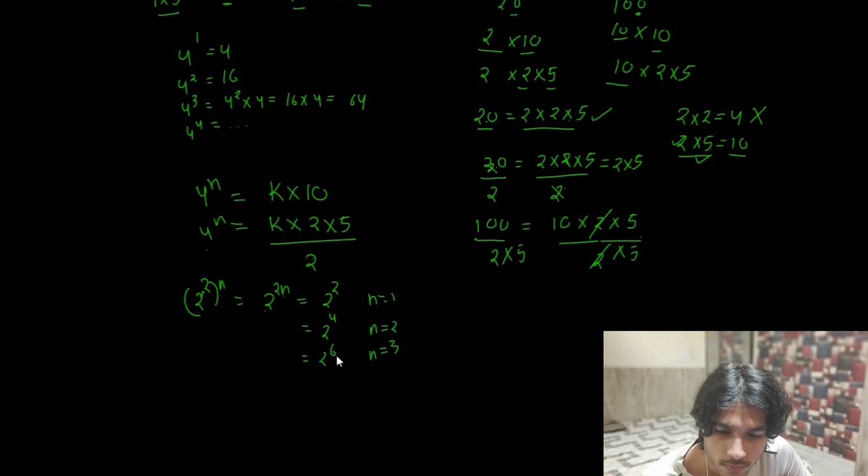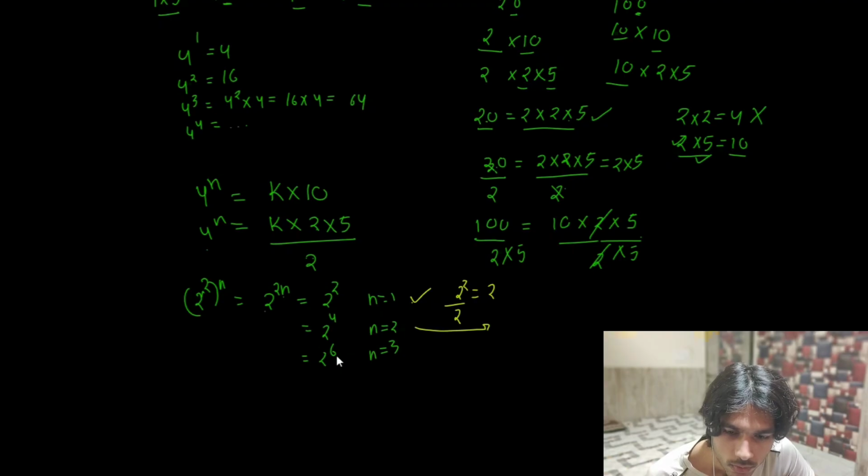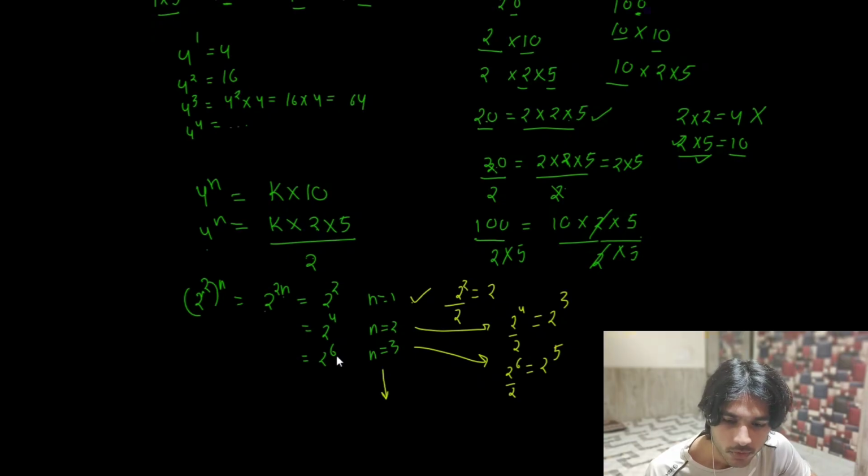And because all of this is divisible by 2, this also is divisible by 2, and this also is divisible by 2. Basically, even if I move further with n, whatever number I'm gonna get, it will be divisible by 2. So one condition is being held, that the number itself has to be divisible by 2.